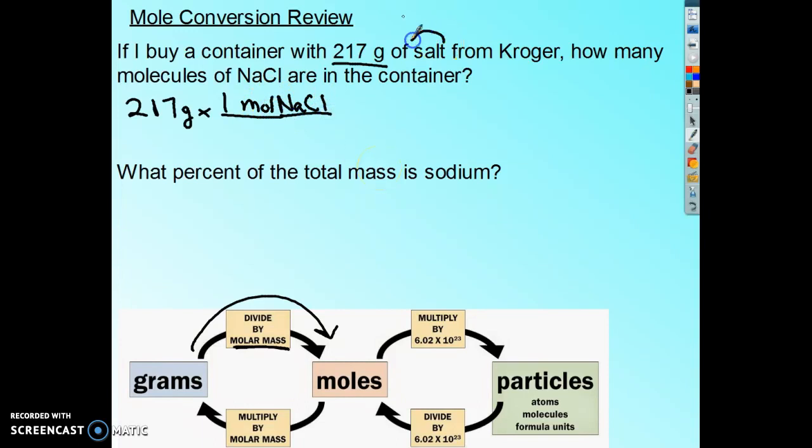So sodium weighs 22.99 and chlorine weighs 35.45. And so if we add those together, we're going to get 58.44, I think. Yes. 58.44. Okay, grams per mole. Right?